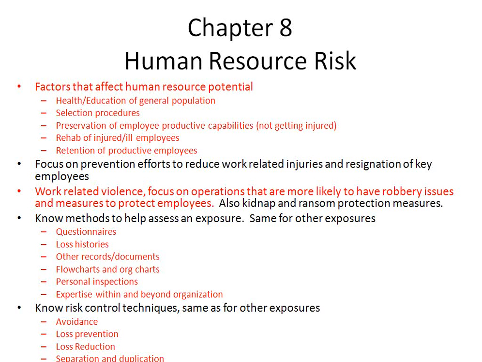So Chapter 8, human resource risk. Factors that affect human resource potential. When we talk about human resources, we're talking about people. One of the factors is, as an organization, do we have a good workforce? So health, education, the general population.